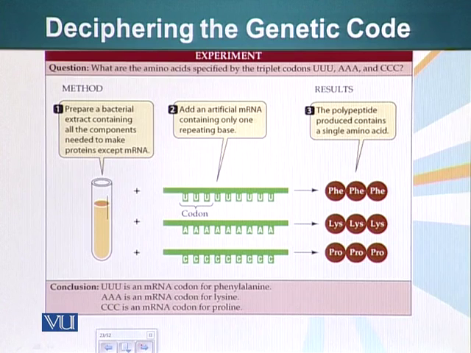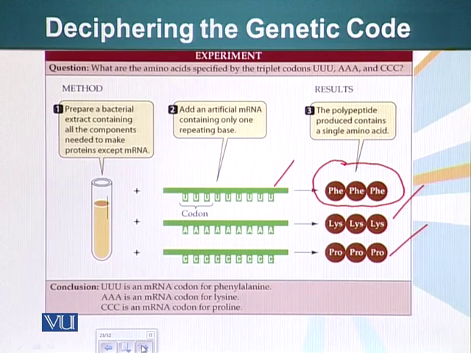When they placed this artificially made messenger RNA in cell extracts with the machinery which could translate it into protein, all the amino acids in the protein were phenylalanine. So 3 U's code for phenylalanine. Similarly, 3 A's code for lysine, 3 C's code for proline. Gradually people were able to complete the genetic code.